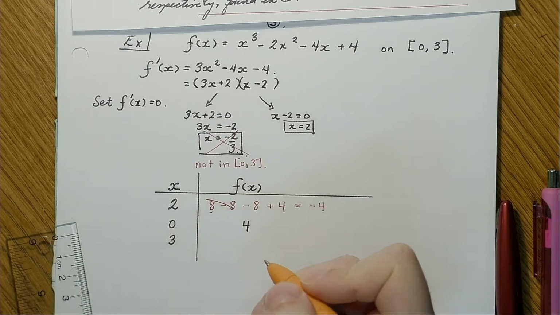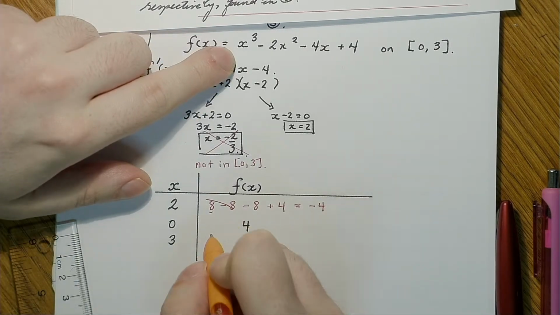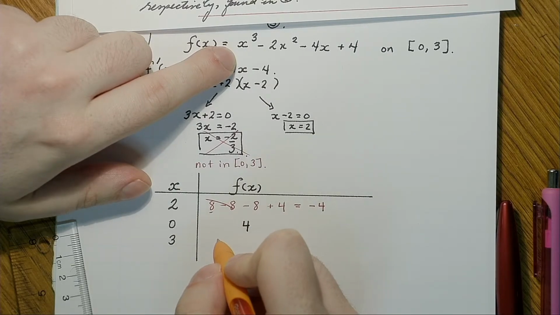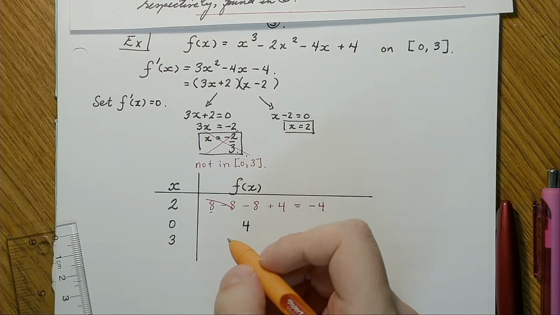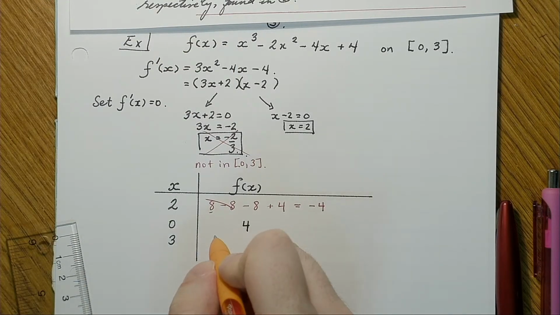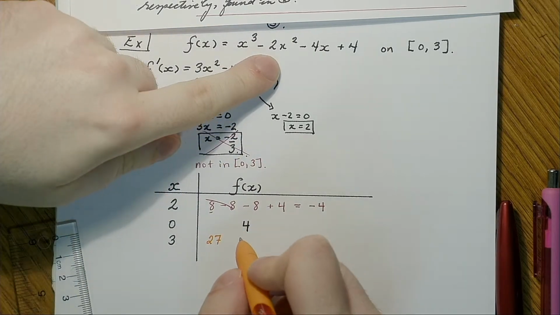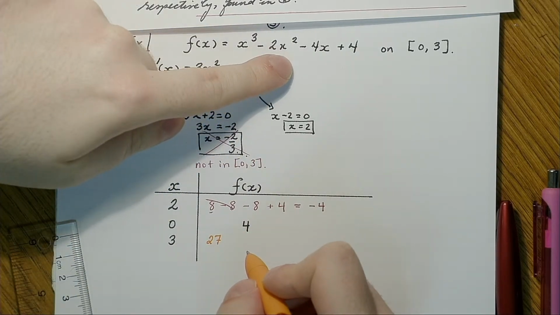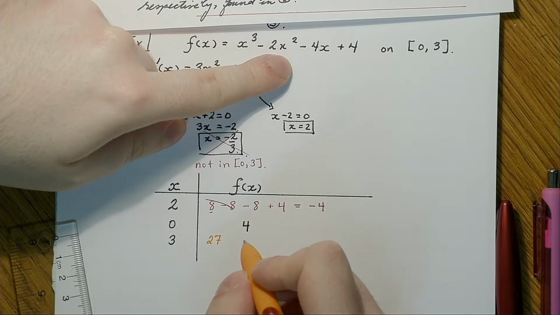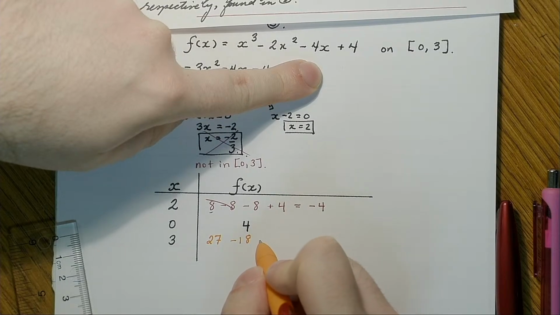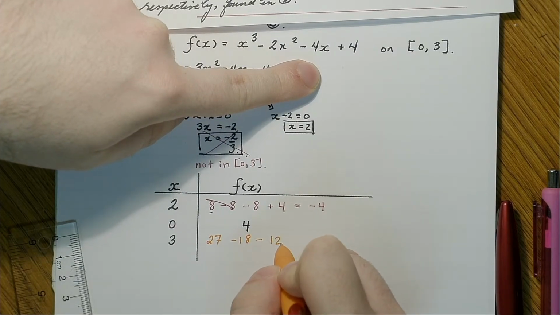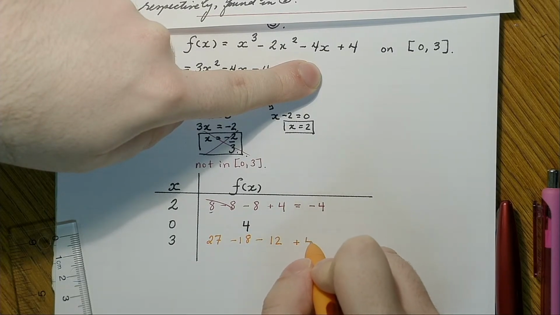Then we have 3 cubed. 3 cubed. 3 times 3 is, it's 27. Then I have 3 squared, that's 9, which is 18. Then I have 3 times 4, which is 12, plus the 4.